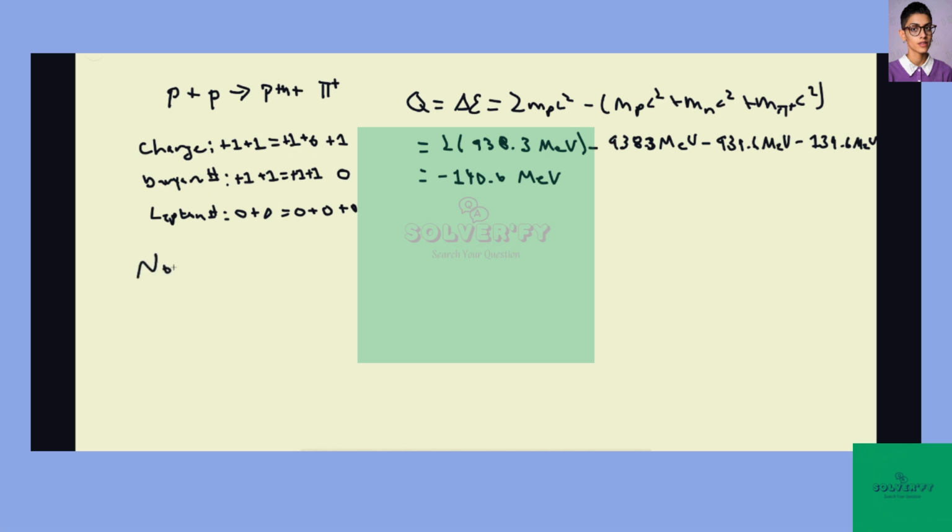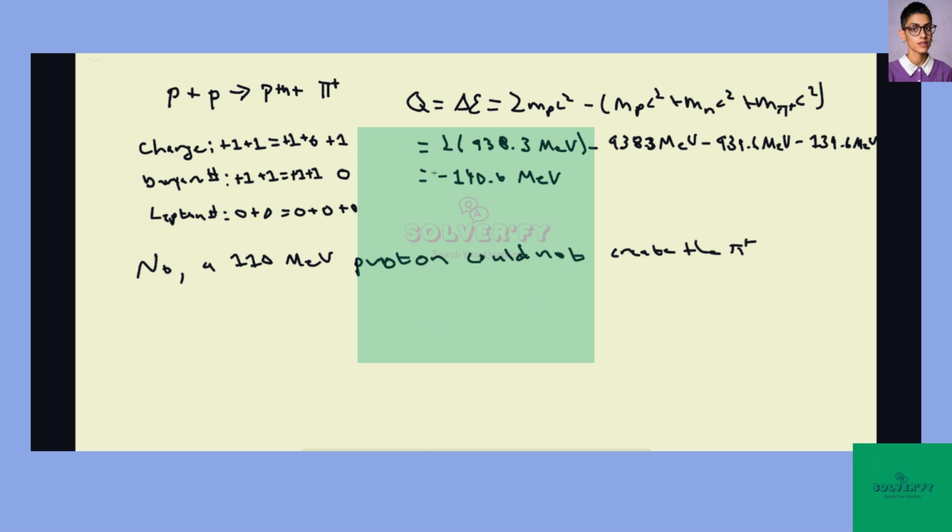The answer to that is no. No, a 110 MeV proton could not create the pion. Now for the next part, it wants to know what minimum kinetic energy the incoming proton must have.